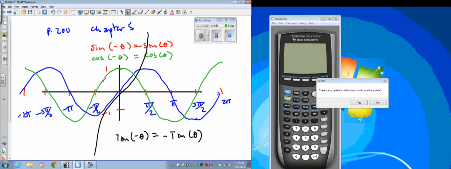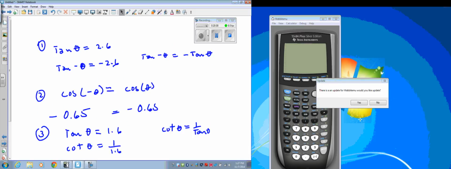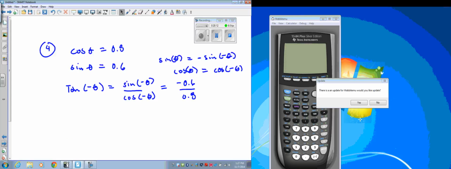All right, Corey, we do the same thing with solving with the sine and cosine positive, and then apply the sign change to the tangent. I see what you're saying.